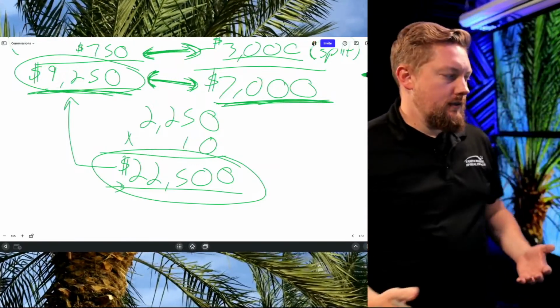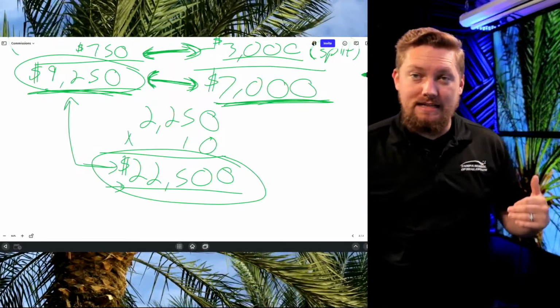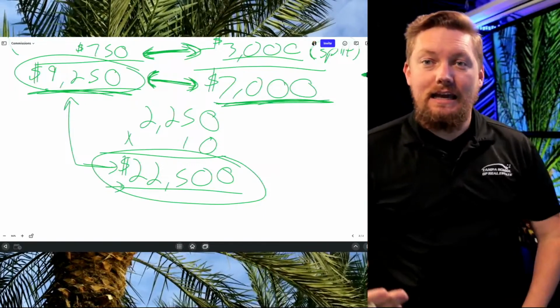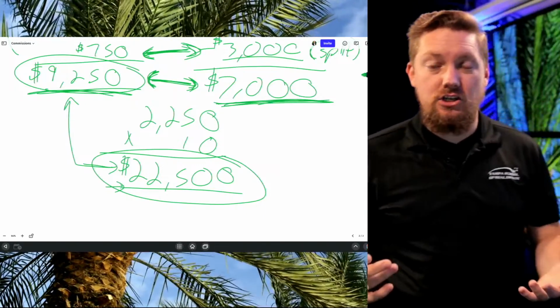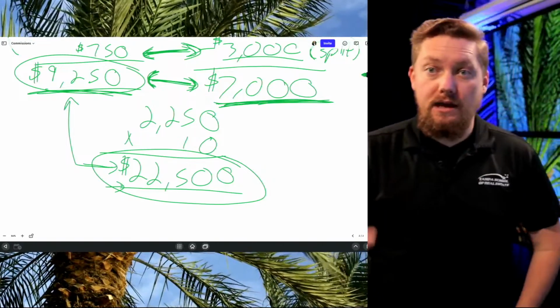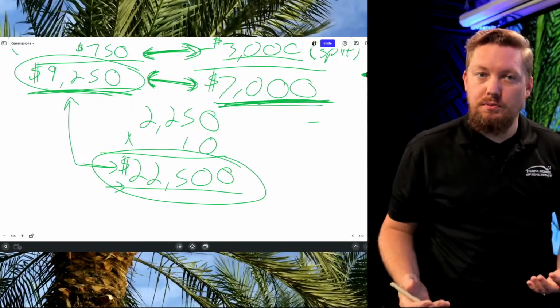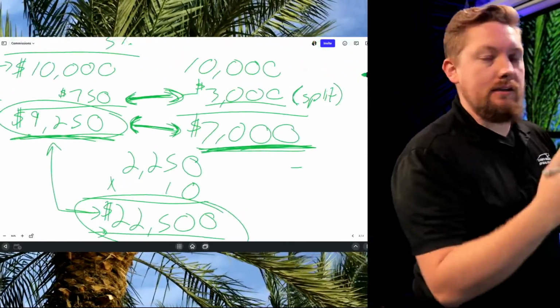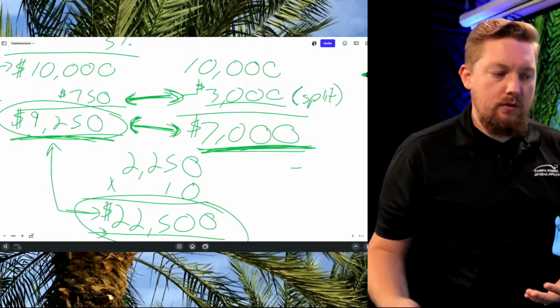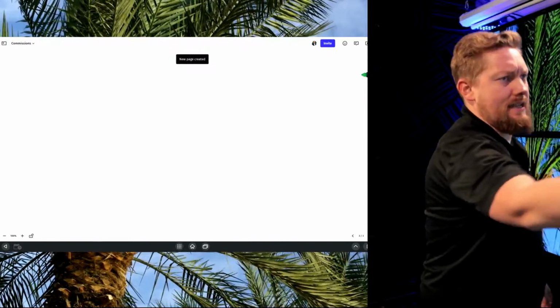So yes, it is a difference, and that difference adds up the more transactions you do. But honestly, if you haven't done a single transaction yet, this is probably going to be your better option. And the good news is, if you do choose to start with a commission split model, where let's say 30% of that goes to your brokerage, I'll pull up another screen here and we'll compare these side by side.